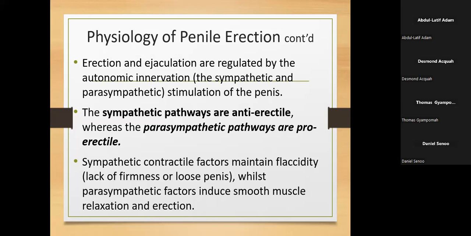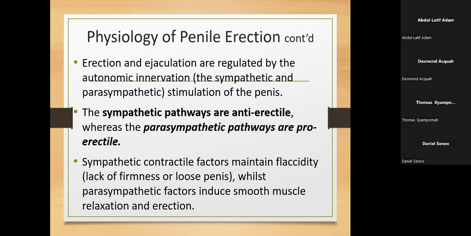While the parasympathetic factors induce smooth muscle relaxation. Remember, parasympathetic talks about being at rest. In that scenario, when you are at rest, digestion and all those things take place. So digestion is still under the parasympathetic nervous system.